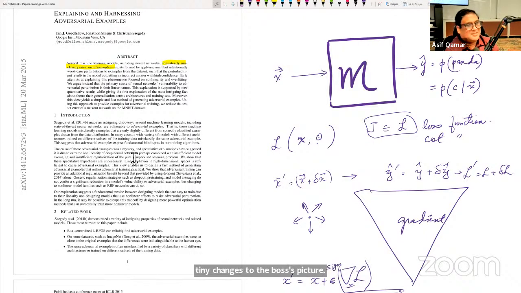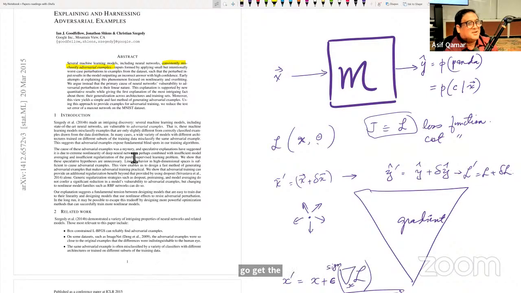Maybe you start with a picture of a monkey. You make tiny perturbations to the monkey and see if gradually it can fool the recognition system into believing it's the boss. Because your goal is to somehow make it infer it's the boss, and you go get the cookies.